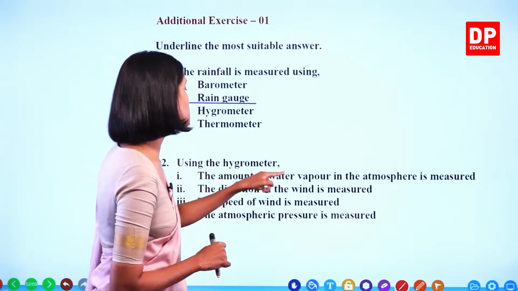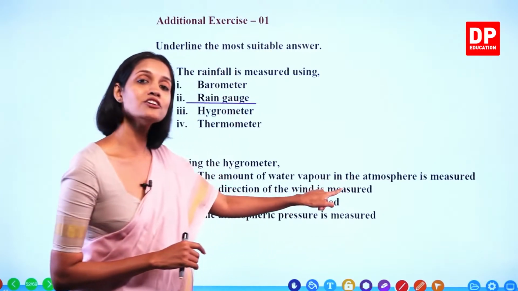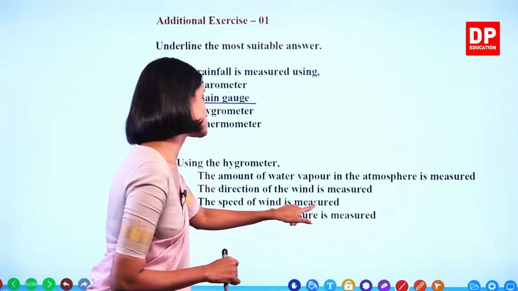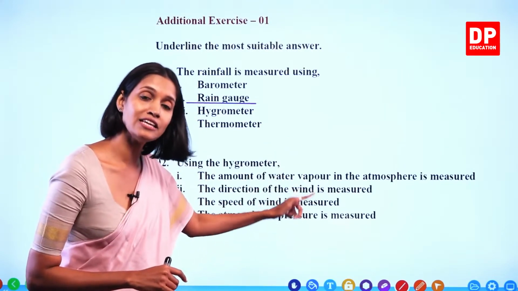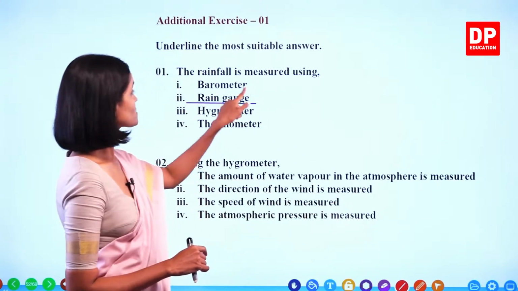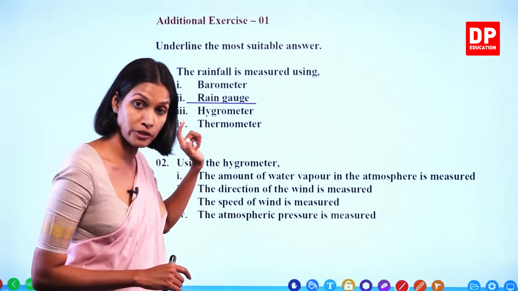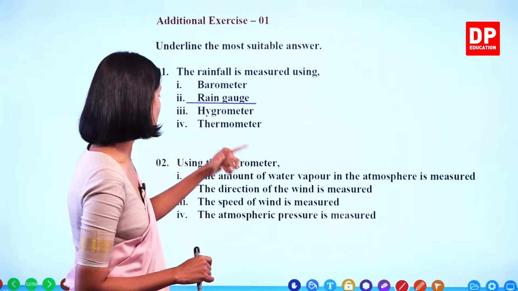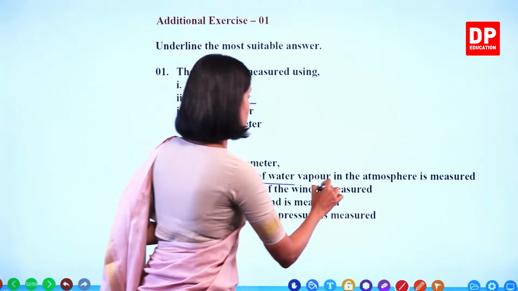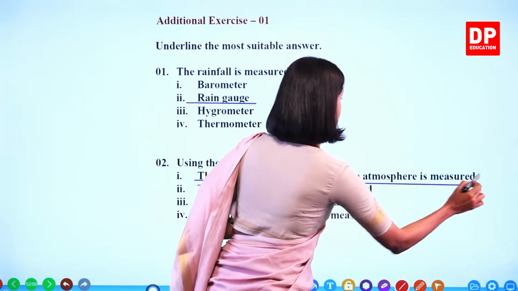The direction of the wind is measured using the wind vane, right? The speed of the wind is measured using the anemometer. The atmospheric pressure is measured using the barometer, right? So using the hygrometer, the amount of water vapor in the atmosphere is measured.